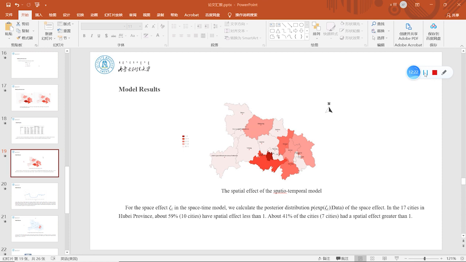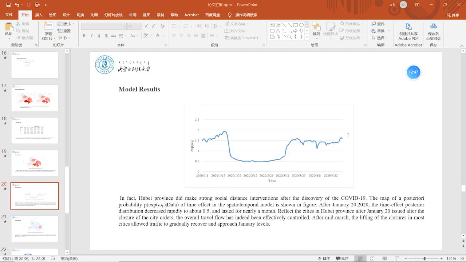Therefore, the higher the space effect of the city, the faster COVID-19 spreads, which is not conducive to epidemic prevention and control. In fact, Hubei province did make strong social distance interventions after the discovery of COVID-19.